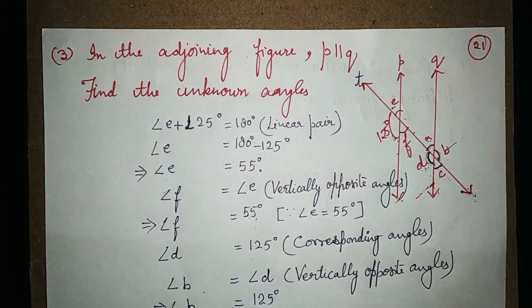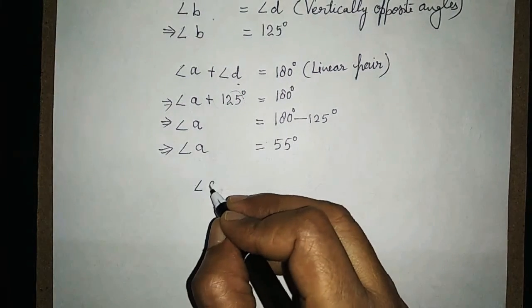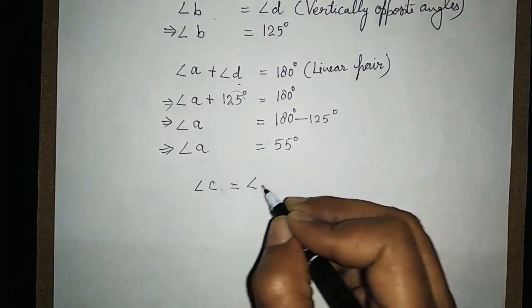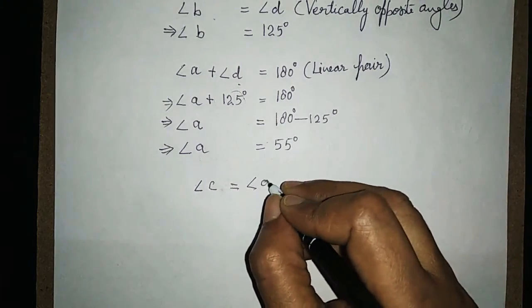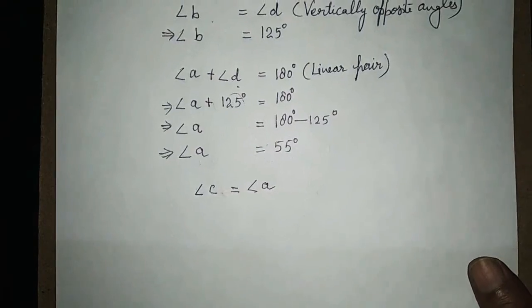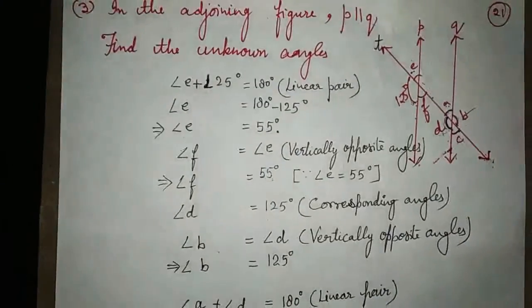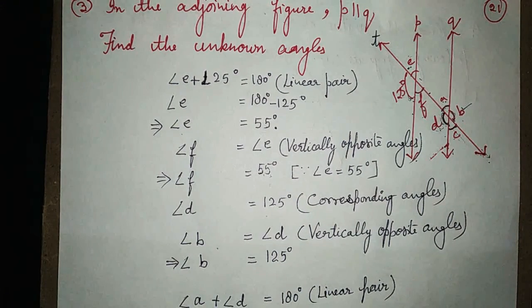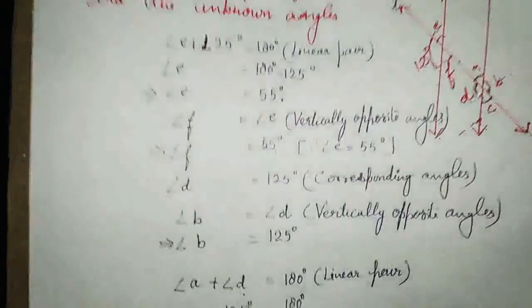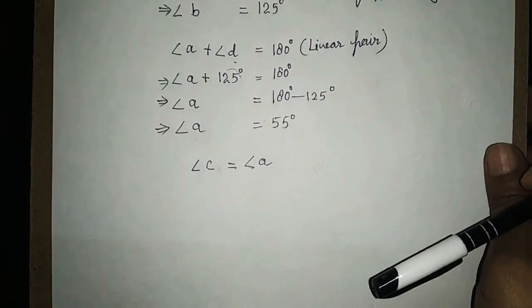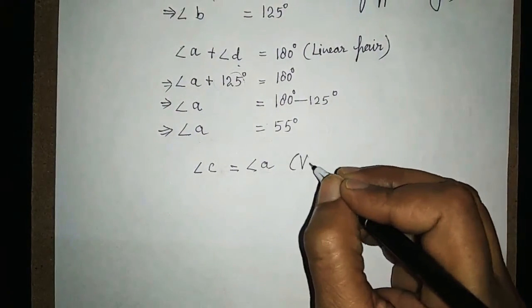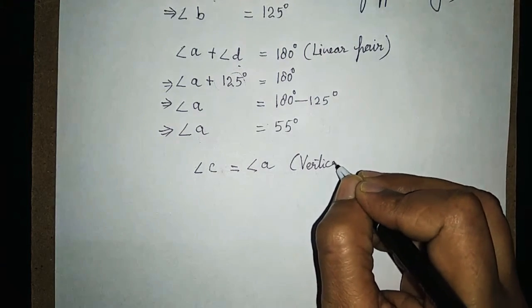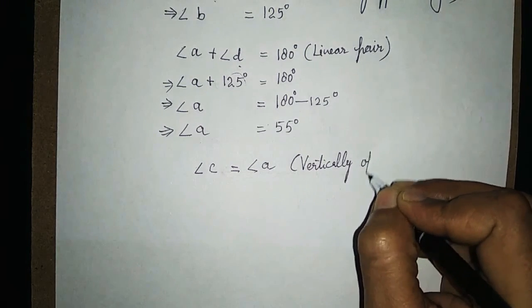So we can use this property to calculate the measure of angle C. Angle C is equal to angle A. Why is angle C vertically opposite to A? Because they are formed by intersecting lines. Now C is equal to A. The reason we will mention here: vertically opposite angles.